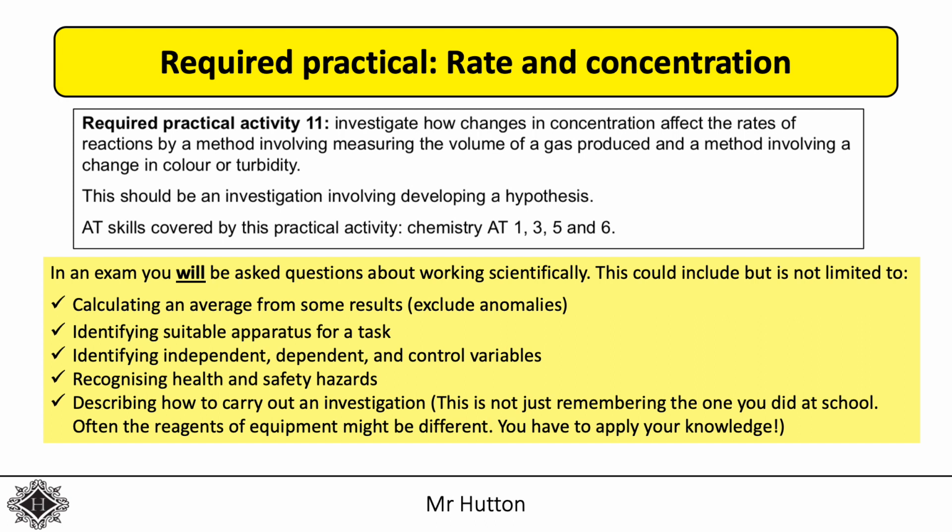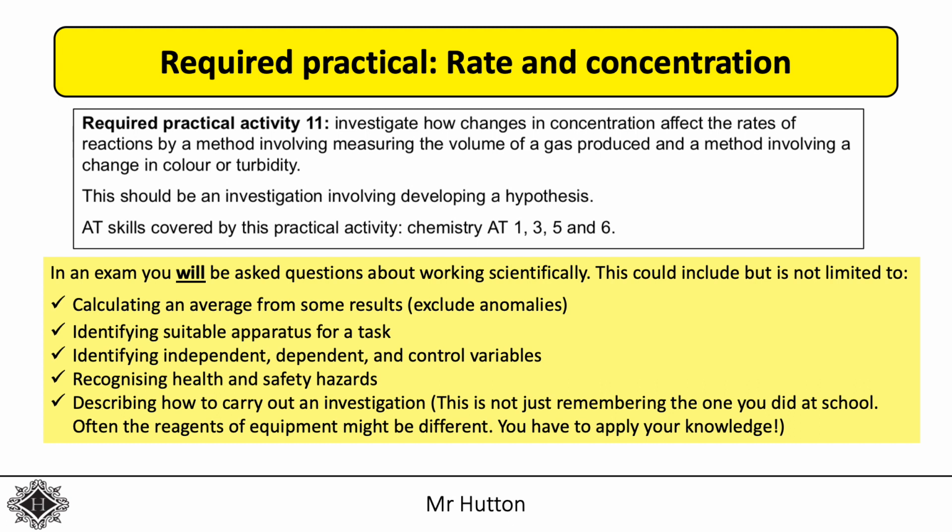But it's important to know that when you get asked questions about this in exams, they could ask you a whole range of things. They're not going to ask you always exactly what you did. They might change some of the reactants. I mean, we would use sodium thiosulfate and hydrochloric acid.